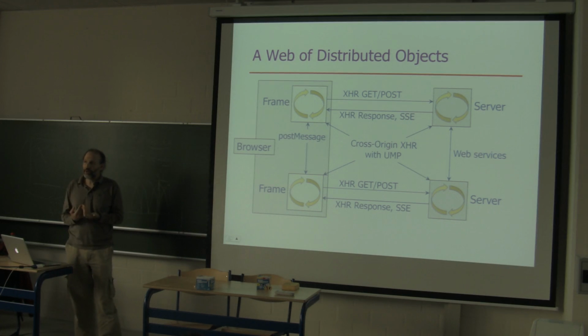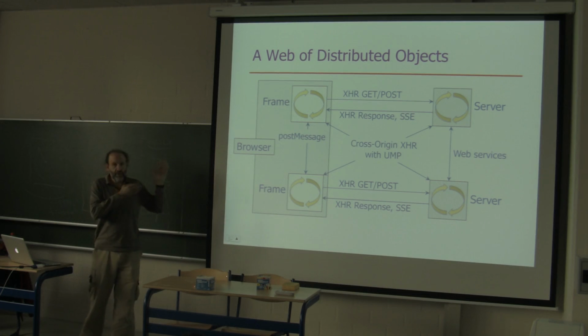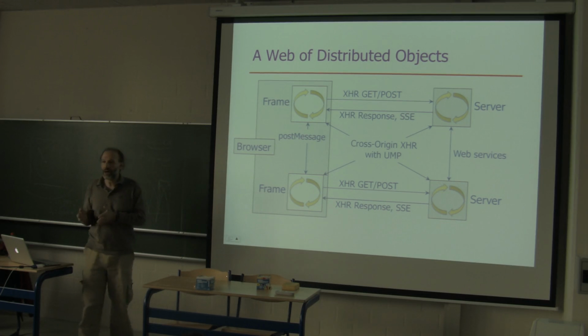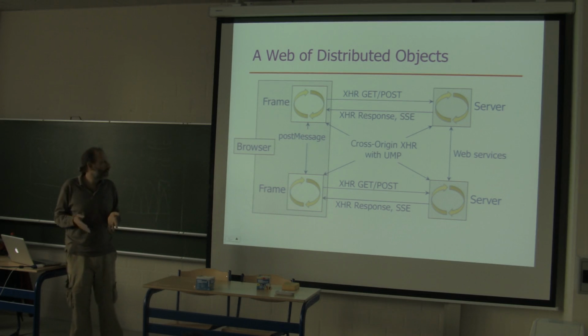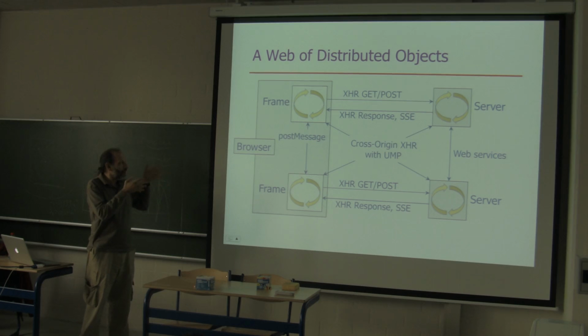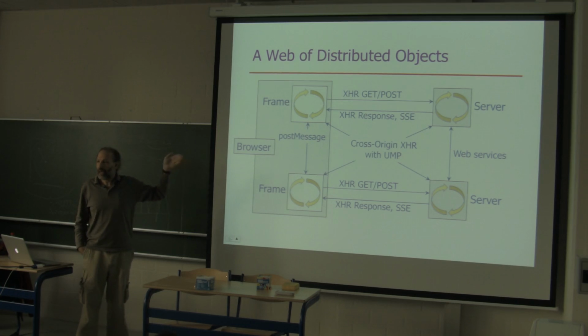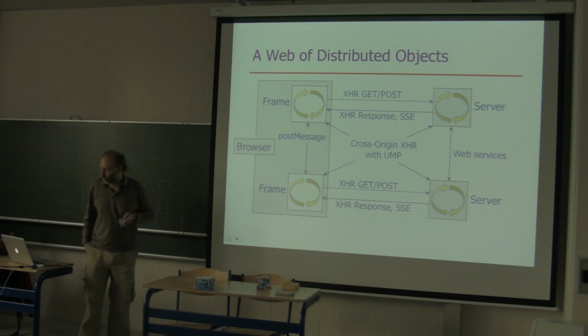And the result is that because we evolved here gradually and by overcoming the limitations of the original designed architecture, these different pathways have different APIs, seem like different technologies, but really the end result is a uniform symmetric picture of objects in event loops sending asynchronous messages to be processed by objects in other event loops.